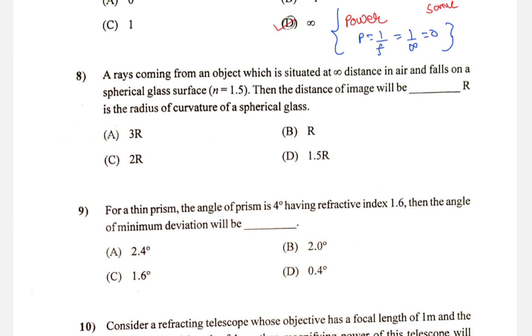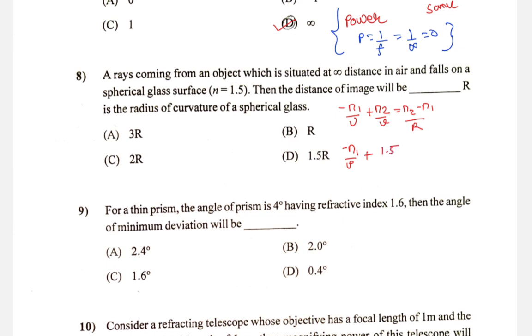For a spherical surface we know that minus n1 by u plus n2 by v is equal to n2 minus n1 by r. The object is situated at infinite distance, so 1 upon u is equal to infinity, and the refractive index of the second medium is 1.5.